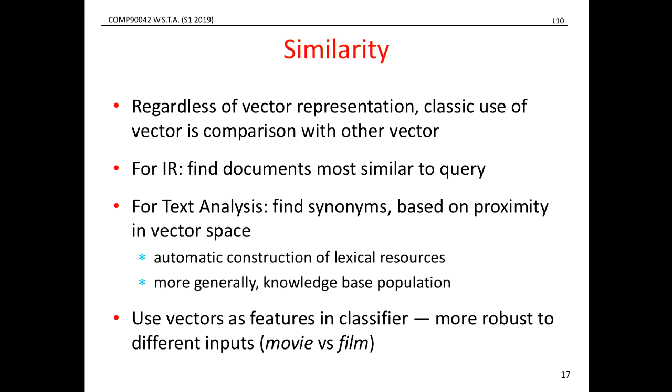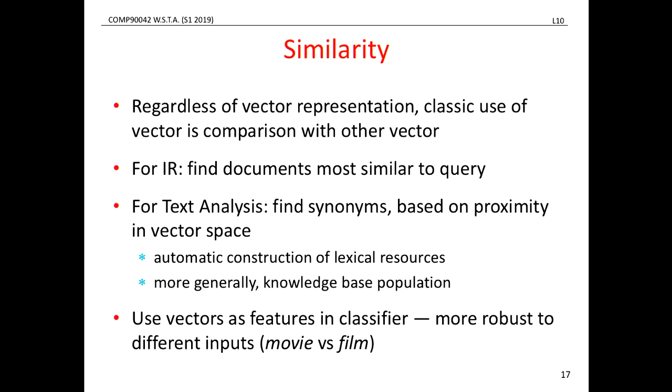So we can use that to automatically create lexical resources. Like WordNet, we could use that to augment WordNet with new links between words. We can use it for knowledge base population. If you look at something like the Wikipedia info boxes, they've got a whole lot of structured data in them.